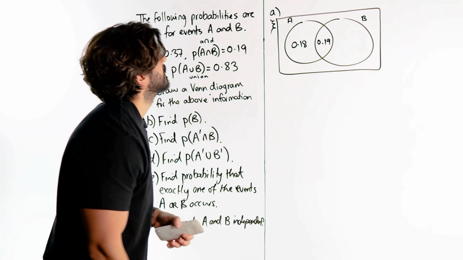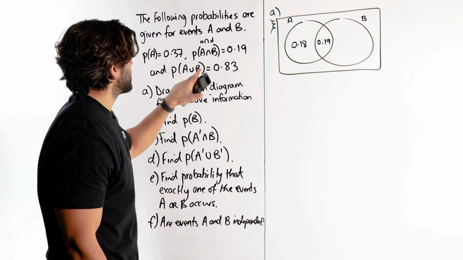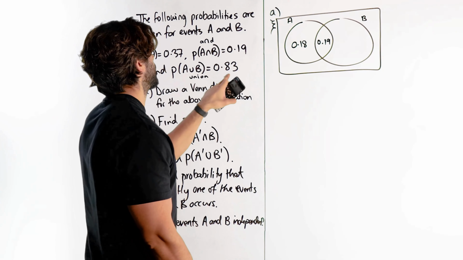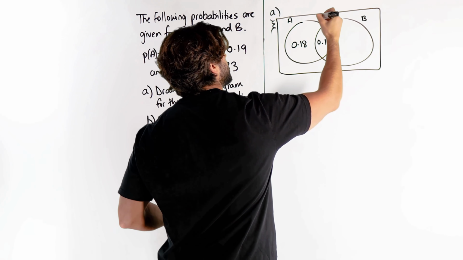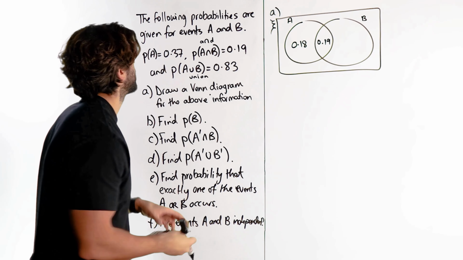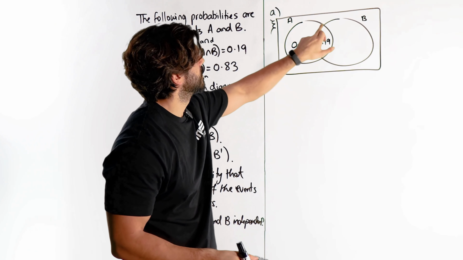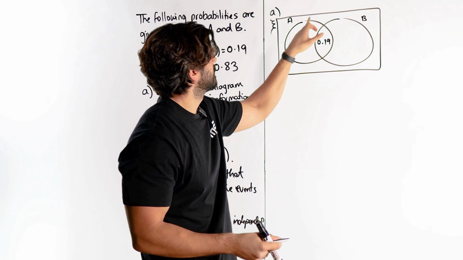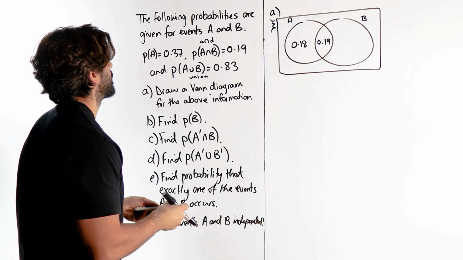Okay? So this statement saying union, altogether, A together with B is 0.83. So this together is 0.83, which means we just need this section here. You're going to do this total, which is 0.83, take away these two bits, which you already know is 0.37.